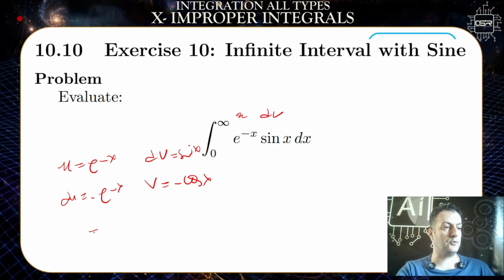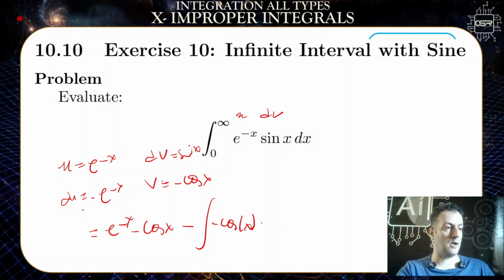It is equal to uv, or e to the minus x times minus cosine x, minus the integral of v du, which is minus cosine x times minus e to the minus x.